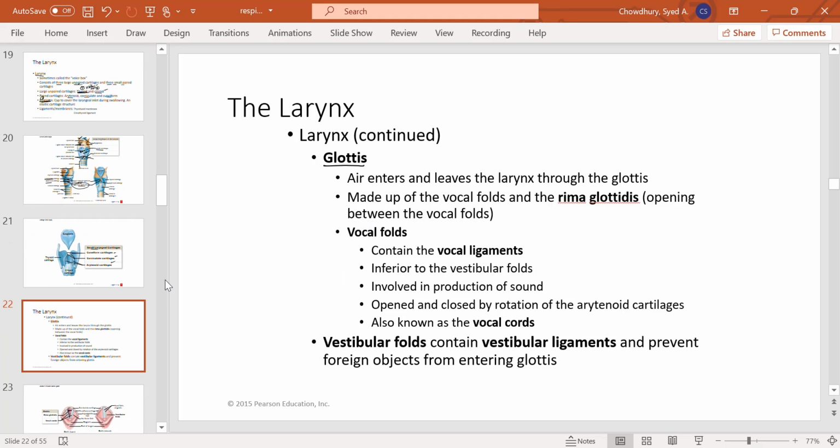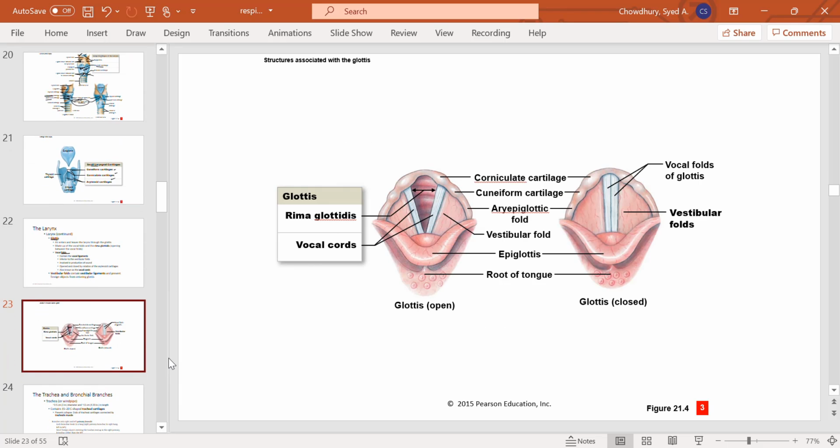Glottis is the opening between the two vocal folds, and the size of that opening or space between the vocal folds changes when you make sound. So here you see, if you look from the top, this is the glottis, the opening between the vocal folds.